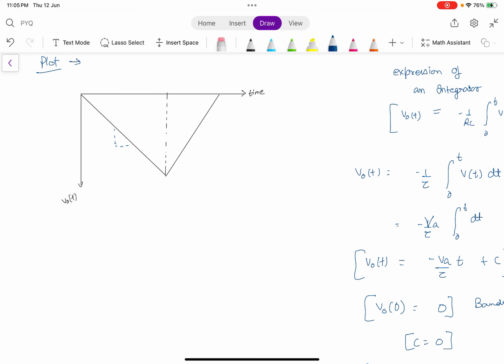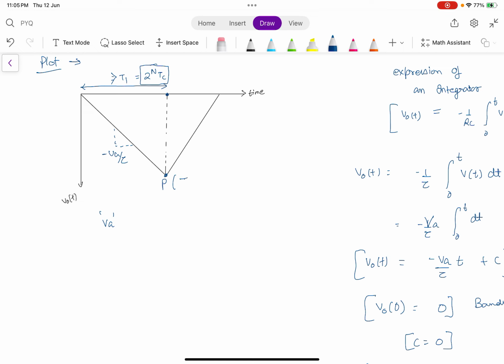This is your line, and this point is your P, and this is the time up to which an integrator is going to integrate the applied voltage Va. You should remember that it becomes T1, which is nothing but 2 to the power n Tc. How this 2 to the power n Tc, I will come back to it.